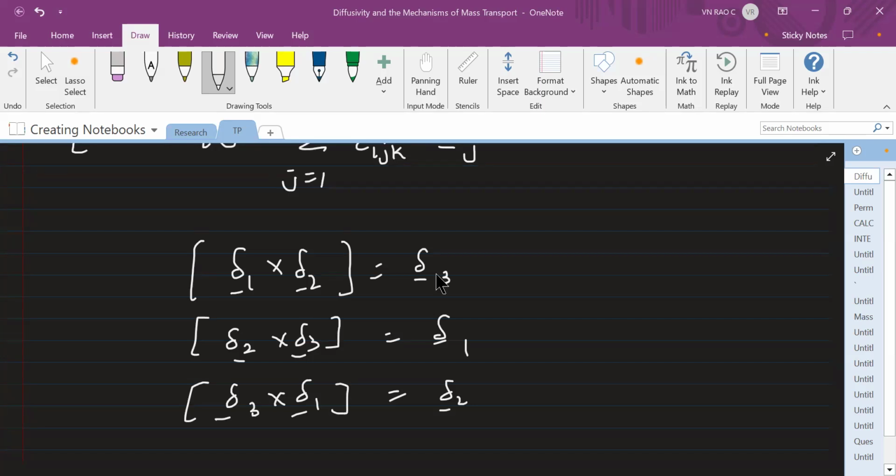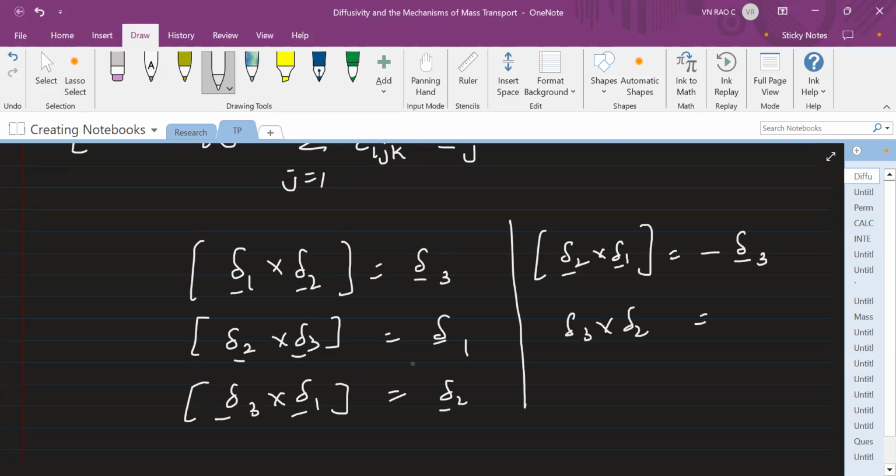But if we write in the reverse fashion, delta 2 cross delta 1, this is not plus delta, it is minus delta 3. Delta 3 cross delta 2 is minus delta 1. Delta 1 cross delta 3 is minus delta 2.